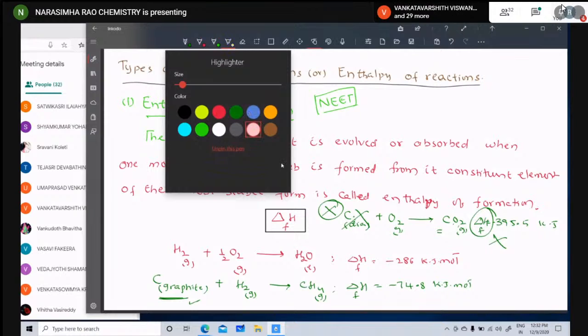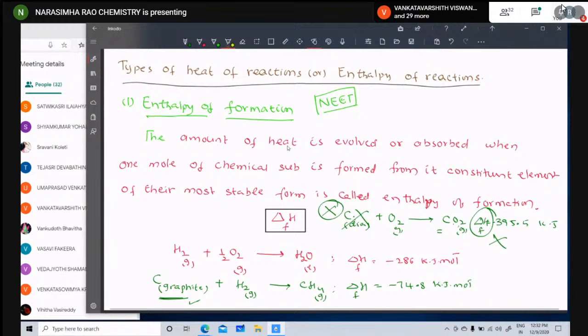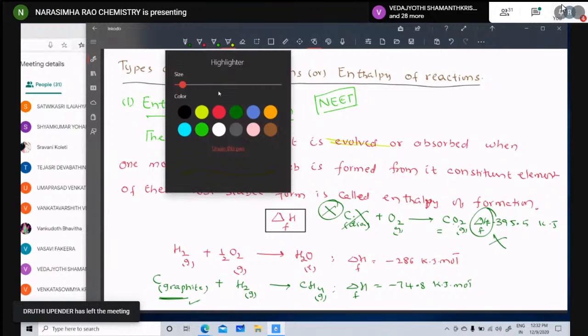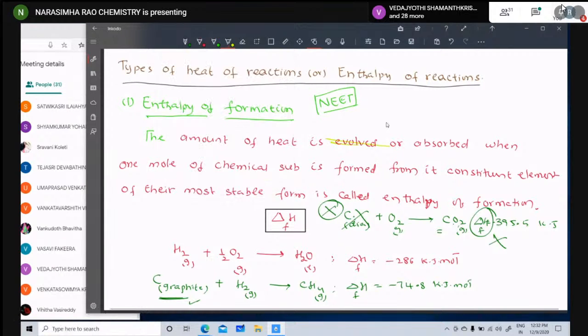So according to the definition, the amount of heat is evolved or absorbed, meaning it may be either exothermic or endothermic, whatever the process. It's clear.